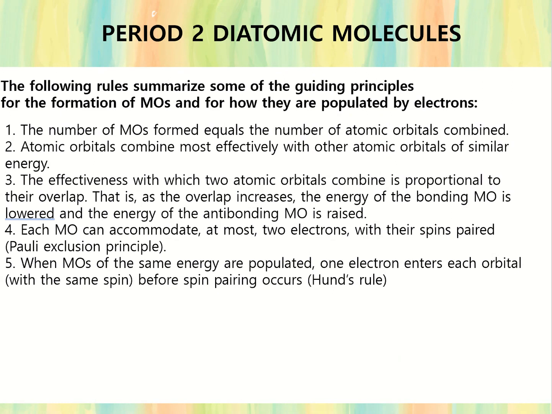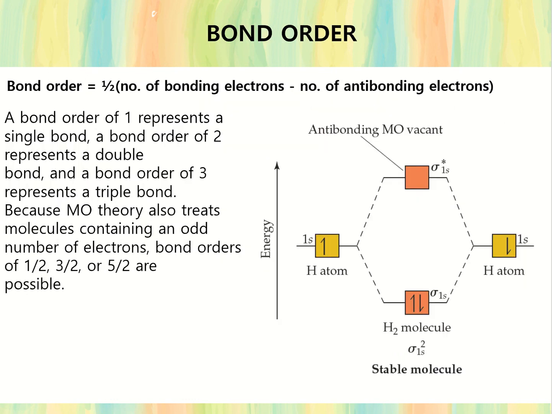That is, as the overlap increases, the energy of the bonding molecular orbital is lowered and the energy of the antibonding molecular orbital is raised. Fourthly, each molecular orbital can accommodate at most 2 electrons with their spins paired. So here we have our orbital with 2 electrons, spin paired.